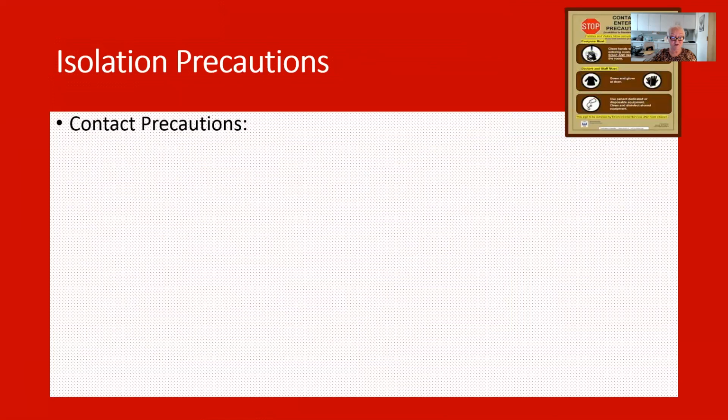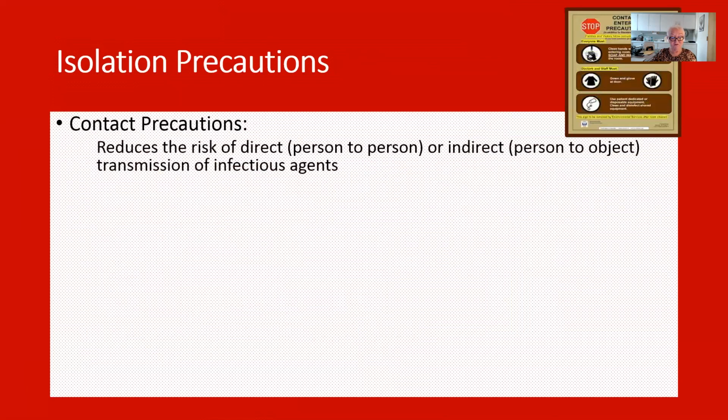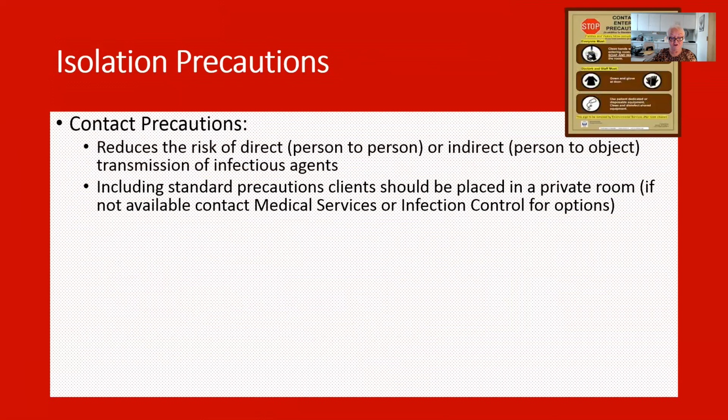Then we have contact precautions. This reduces the risk of direct person-to-person or indirect person-to-object transmission of infectious agents. Including standard precautions, clients should be placed in a private room.